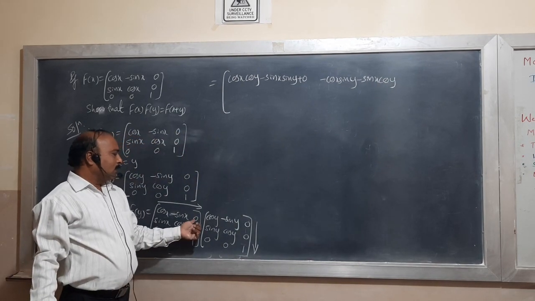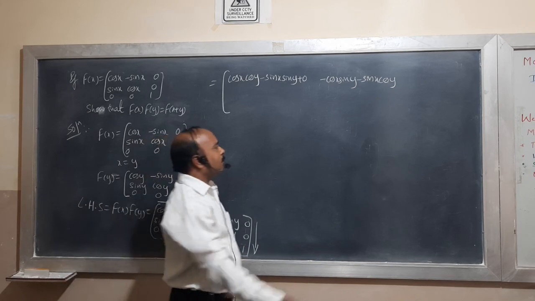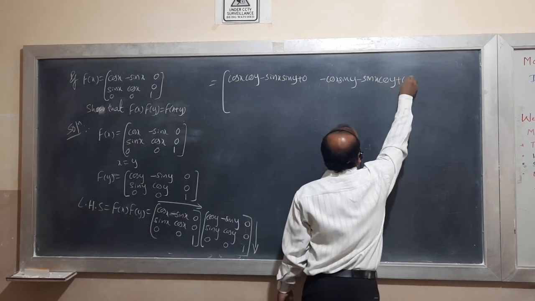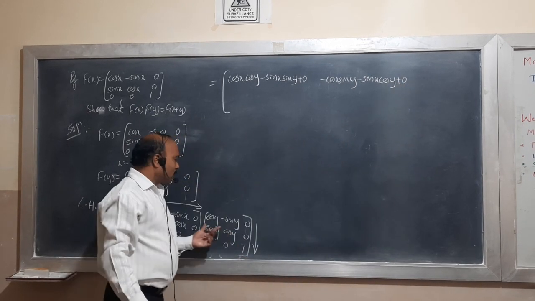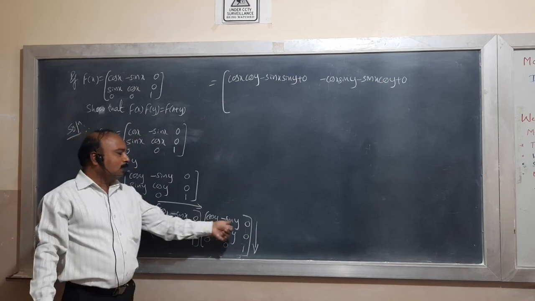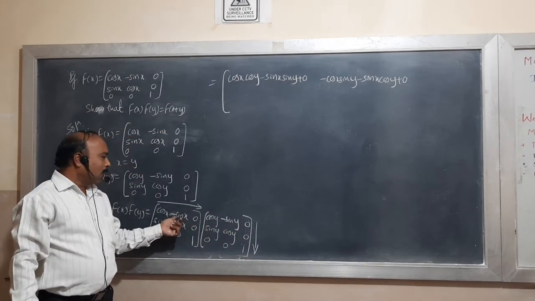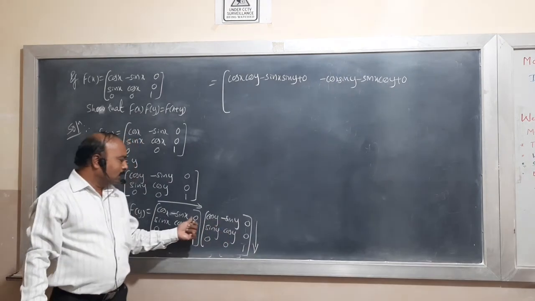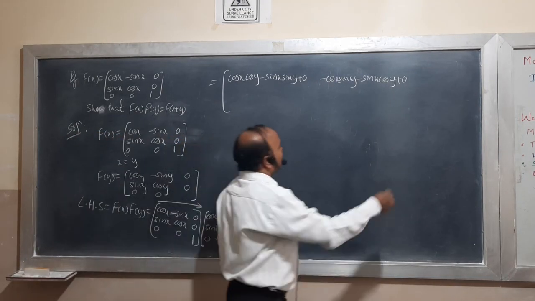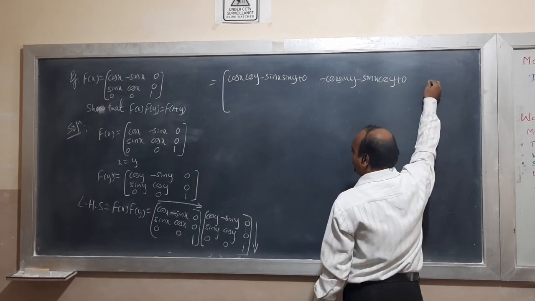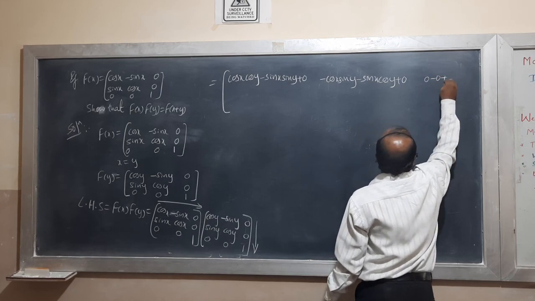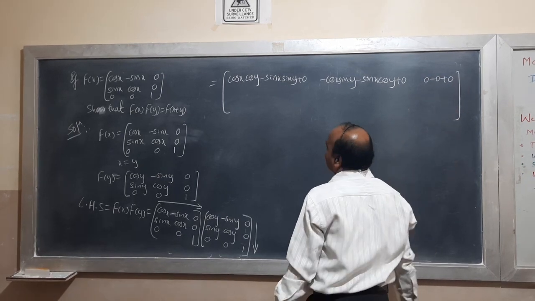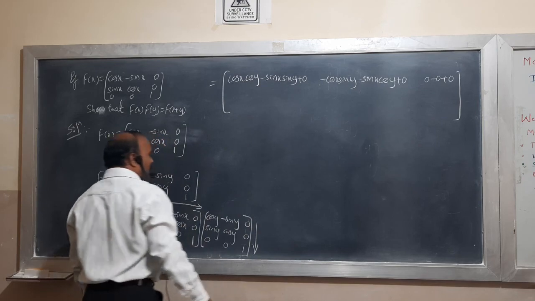After that 0 with 0 plus 0. Next first row with third column, cos x into 0, minus sin x into 0, 0 into 1, that is 0 minus 0 plus 0. So the first row is completed.